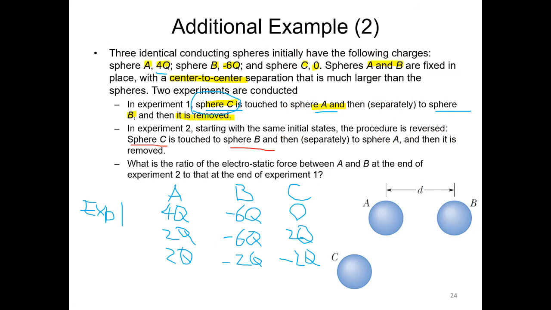This question asks you the ratio of the electrostatic force between A and B at the end of experiment 2 to that at the end of experiment 1.